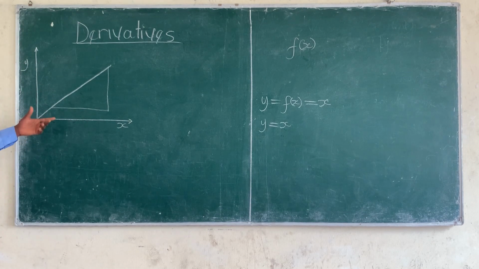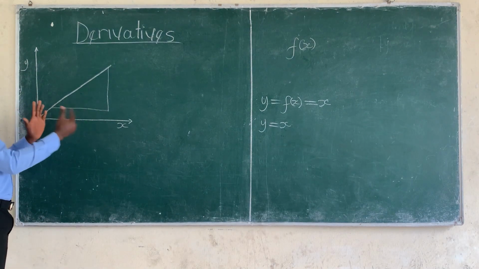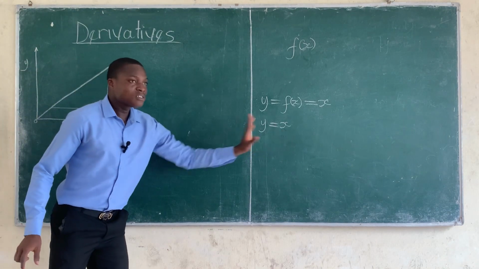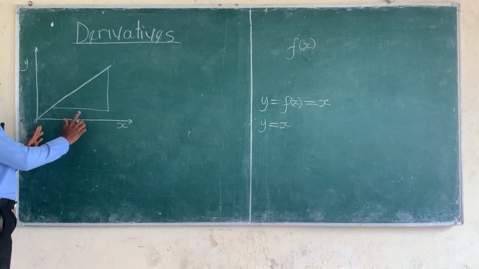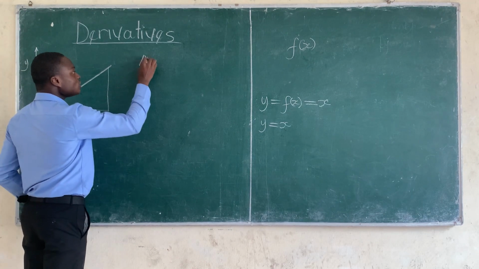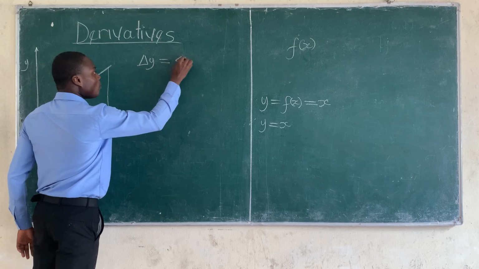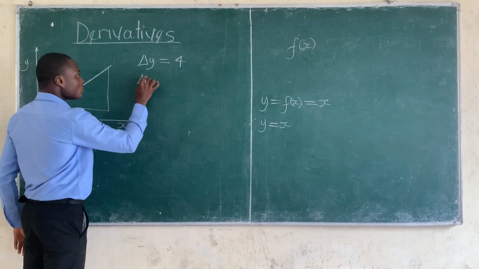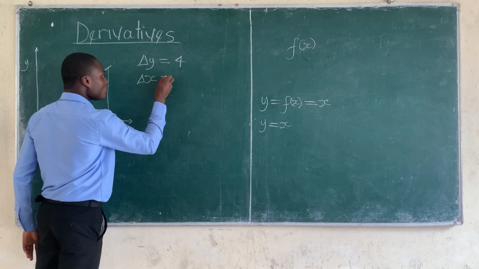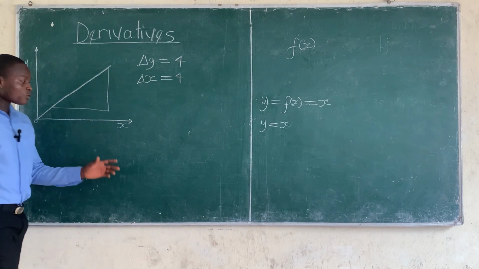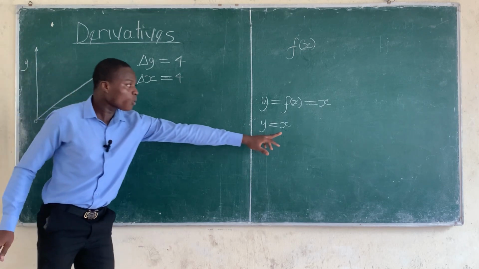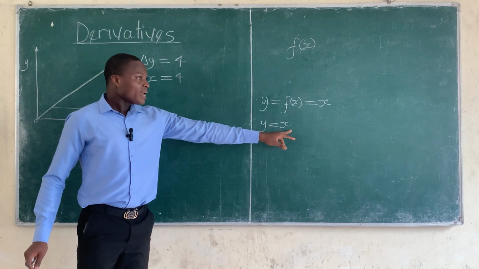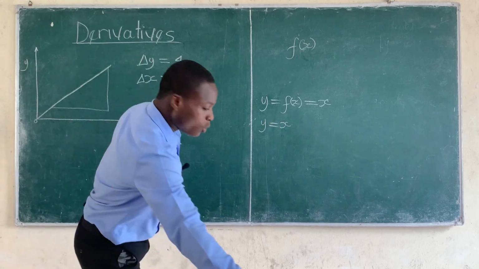Since both x and y increase equally, if the change in y is equal to 4, the change in x also must be equal to 4. Why? Because both x and y increase equally. y equal to x. If x is 5, y also will be 5. If x is 7, y also will be 7.